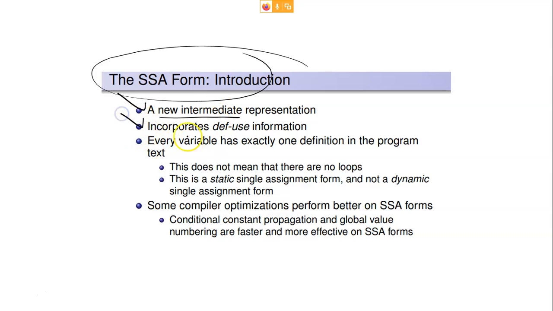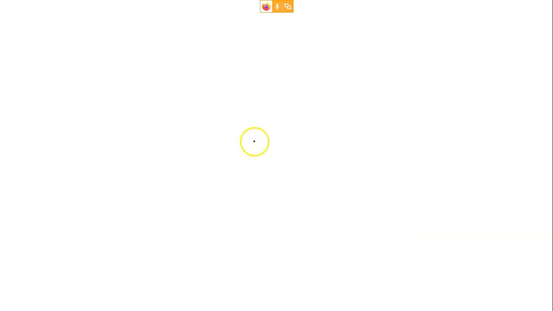Now actually the concept that this SSA uses is def use information. This we will see in the compiler optimization also, but let me tell you what is the def use. Def means definition, use means use. So whenever you have some 3 address code, of course you can define any number of times.